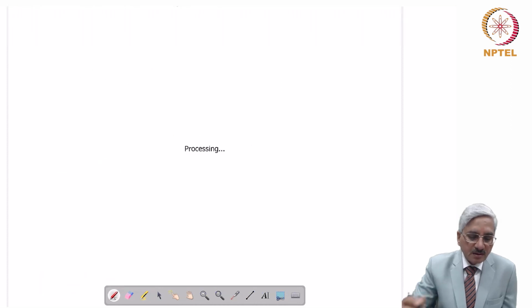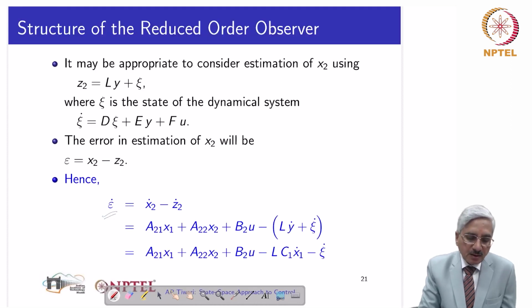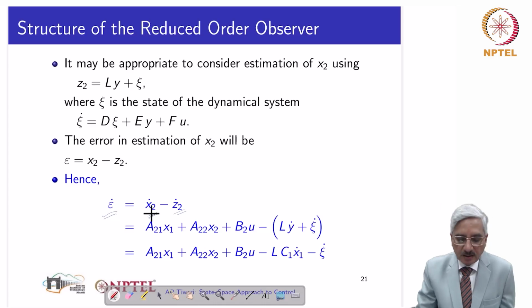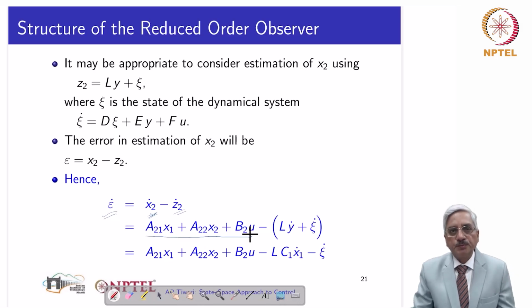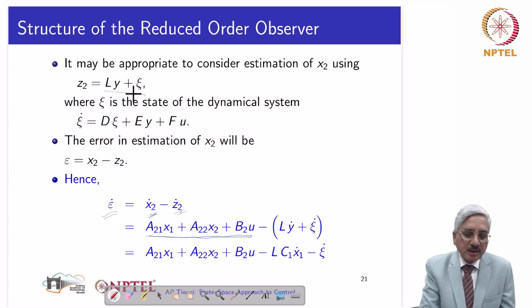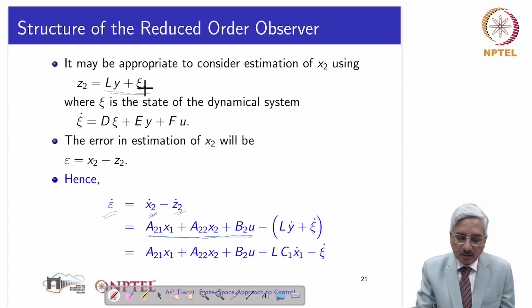So we differentiate it, and by differentiating we get x2 dot minus z2 dot. Now x2 dot, please recall a little while back, was denoted by A21 x1 plus A22 x2 plus B2 times u. So we substitute that in place of x2 dot, and z2 is Ly plus xi, so z2 dot will be Ly dot plus xi dot.